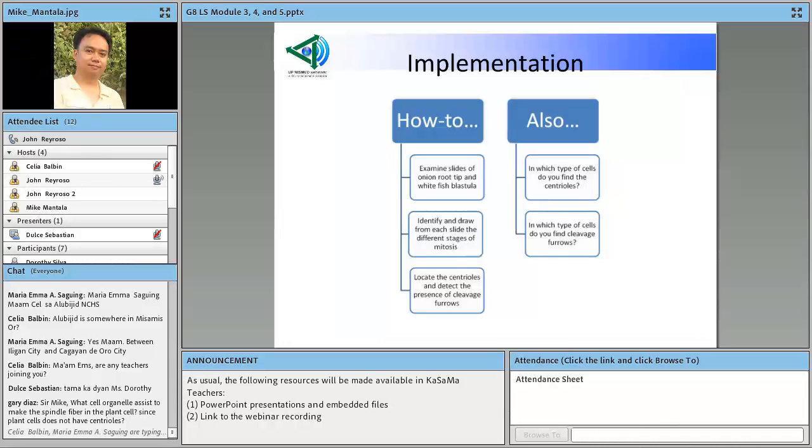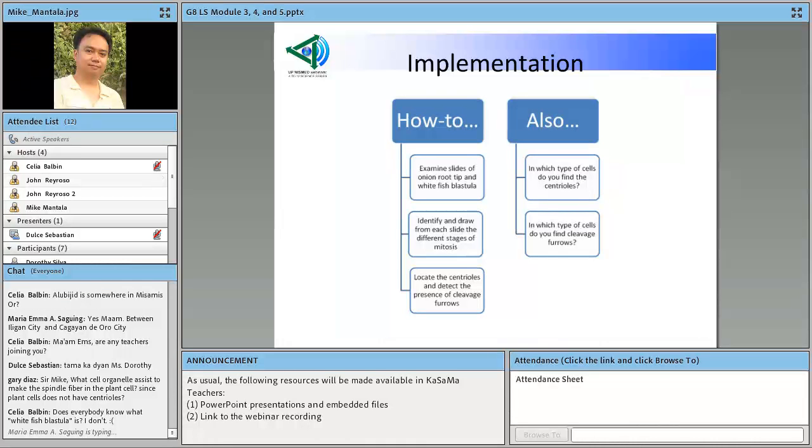Now, there are questions in this activity, and I've just listed 2 of the more important ones. In which type of cells do you find the centrioles? These are the structures, the structure of the centriole that you will see in animals but not in plants.